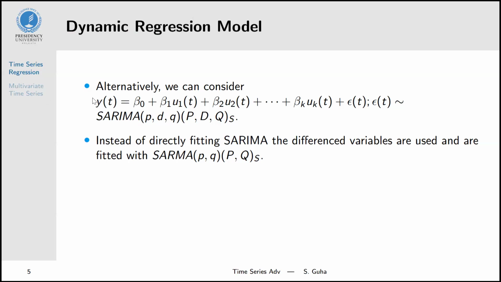So that means you are given this thing. You can apply a differencing on this Yt. Now, if you apply a differencing on Yt, that means you are automatically applying differencing on each one of them on the right hand side.